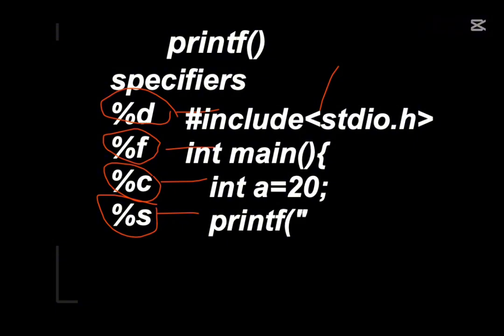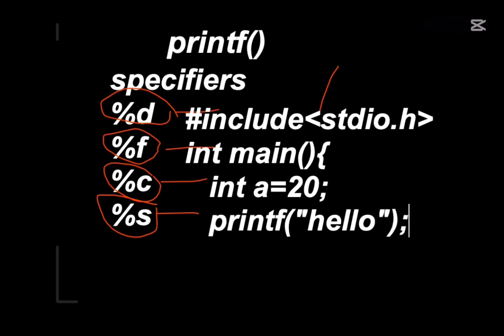This double quotation means the beginning of what you want to display. Now after this, I'm going to type whatever I want to display. Let's say I want to say hello. Then I'm going to close it with another double quotation.